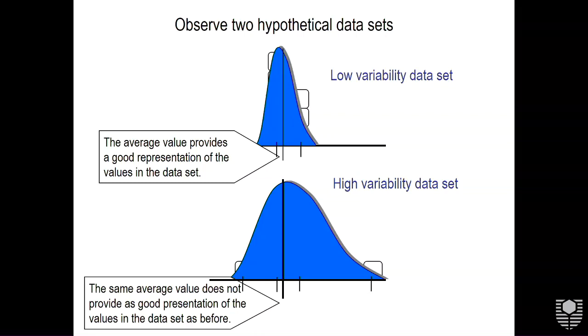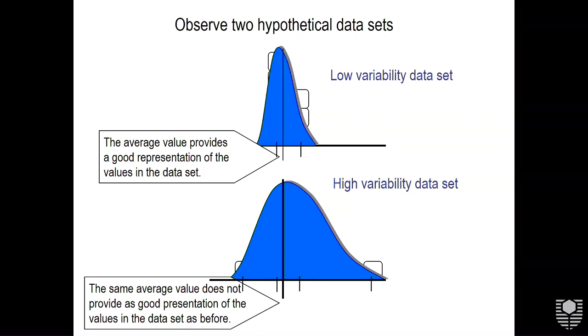But here, see, high variability: the data is more spread out around the mean. Here, in contrast, the data gives you a good representation of your data set. But here we need to measure the variability because it's high.